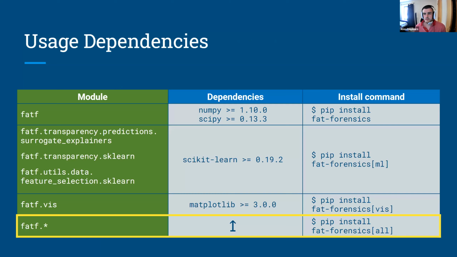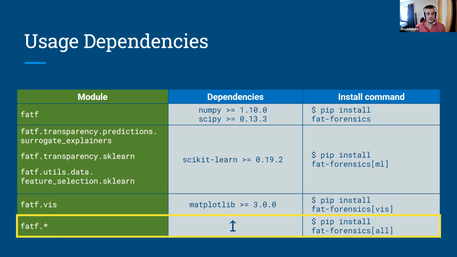So there are three ways of splitting the dependencies. There's the core dependency, which is just NumPy and SciPy. This is for anything to do with the package. You need NumPy and SciPy. And if you do pip install fatforensics, it'll install those. For the surrogate explainers and some of the feature selection functions, you'll need scikit-learn. And if you do pip install fatforensics and then ML in square brackets after that, it'll install scikit-learn as well.